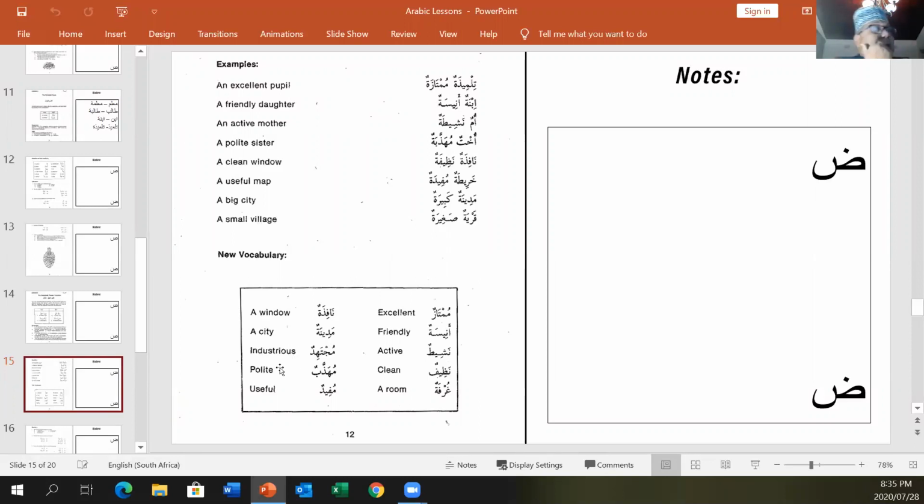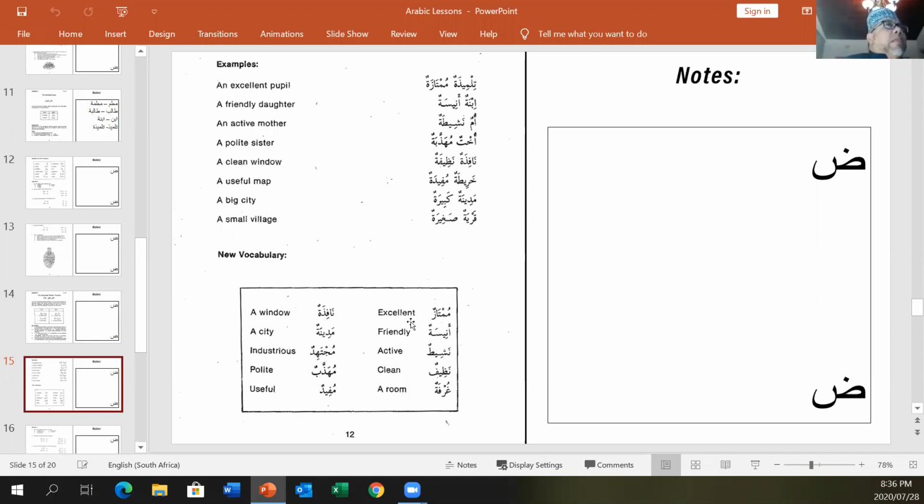New words that we will be adding: Mujtahidun is industrious, meaning hard-working, a person that is committed. Muhadzabun, polite. Mufidun, useful. Mumtazun, excellent. Those are the masculine forms.